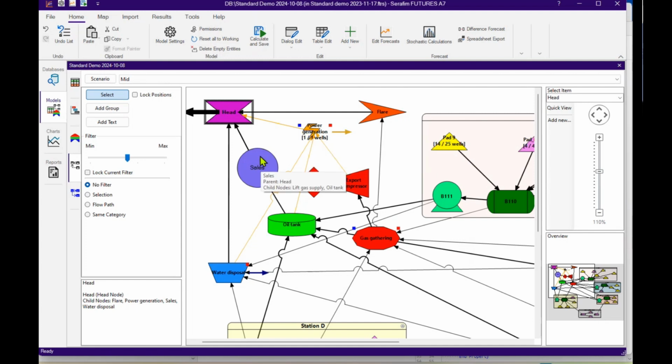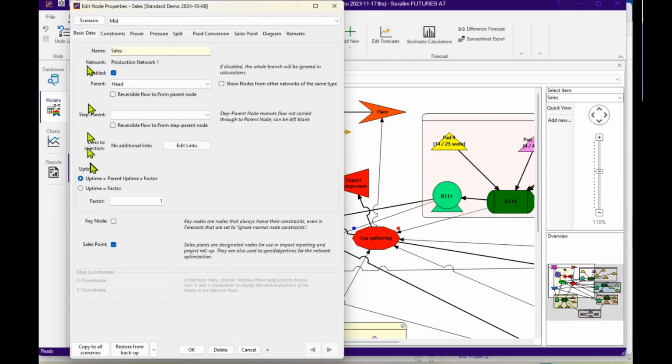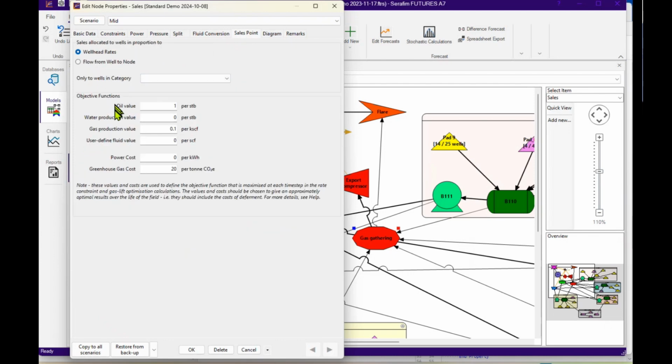And this is done at our sales point. This node called sales is defined as being a sales point, of which you can have any number. Here we've got values and costs for production, and we've got a cost per CO2. Here a ton of CO2 has a cost that's equivalent to 20 barrels.